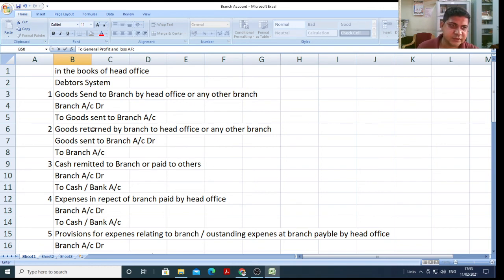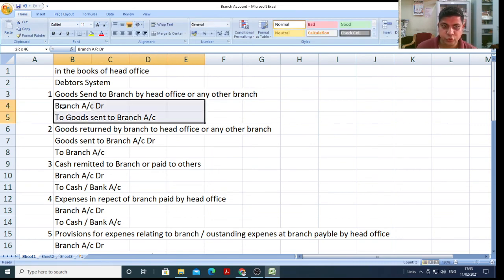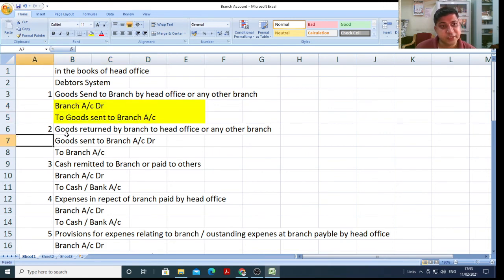In that system, first entry, goods sent to branch by head office or any other branch. Entry will be branch account debit to goods sent to branch account. Next, goods returned by branch to head office or any other branch.